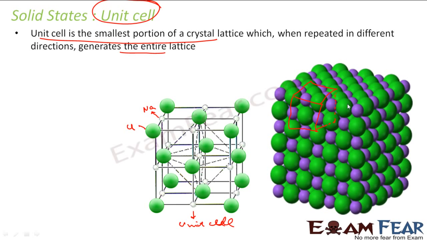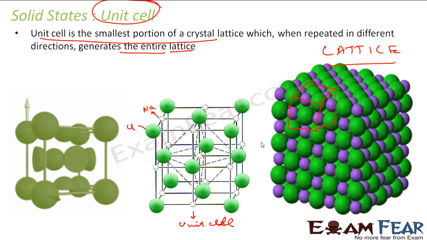So the lattice is a bigger picture. But the unit cell is the building block of the lattice, because if you keep repeating this unit cell, you will get the entire lattice. Whenever I talk about my lattice, it has so many unit cells, and the unit cell is the basic building block, the smallest portion of the crystal.